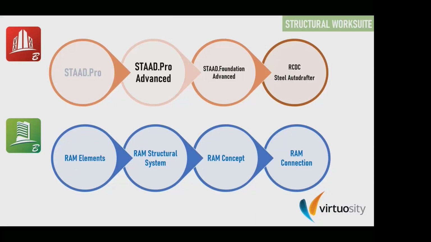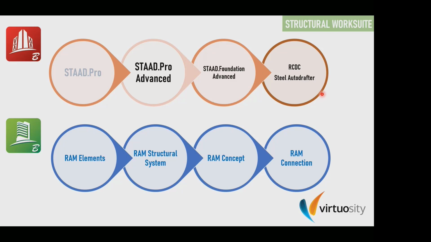Just a slide to explain what Structural Work Suite is. This explanation is not about Structural Work Suite. This was more for STAAD.Pro and STAAD.Pro Advanced and STAAD Foundation Advanced, and RCDC and Steel Auto Drafter, this line.